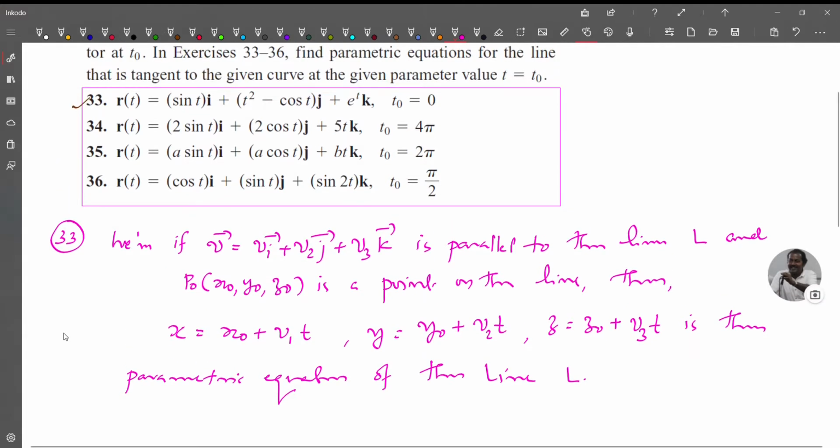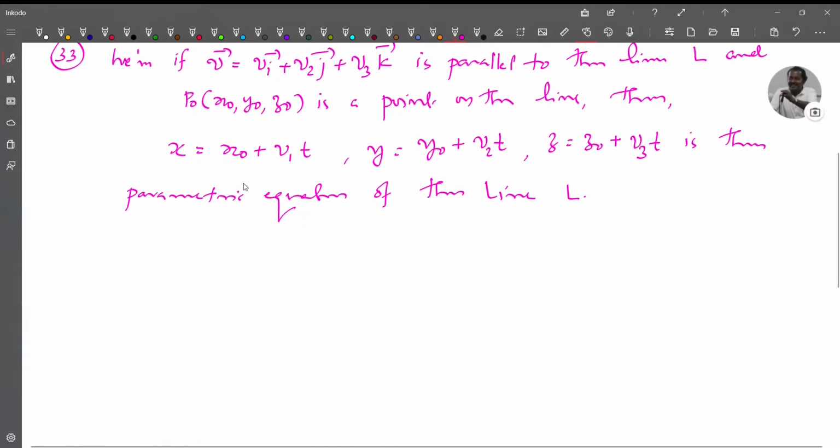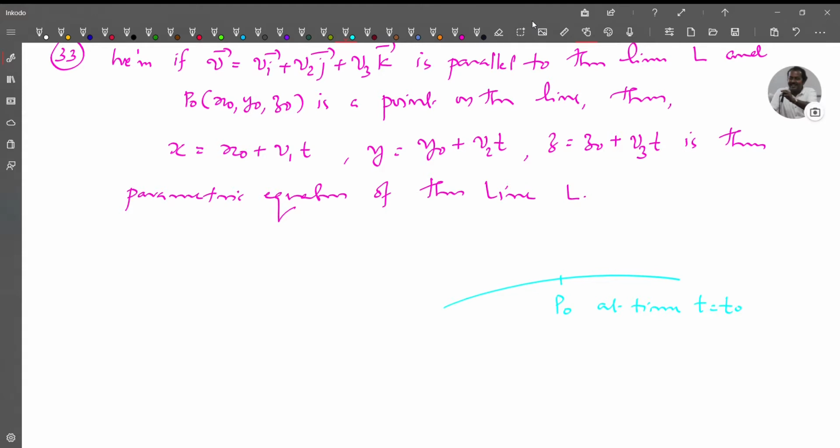So here we have to find the tangent to the curve. Suppose that this is the curve, and this is the point P naught at time t equal to t naught. Suppose this is the direction of the curve.